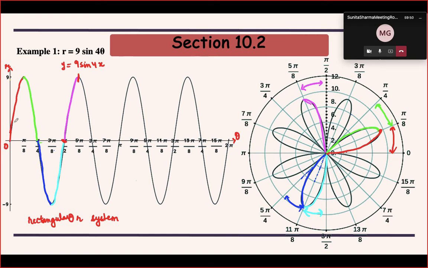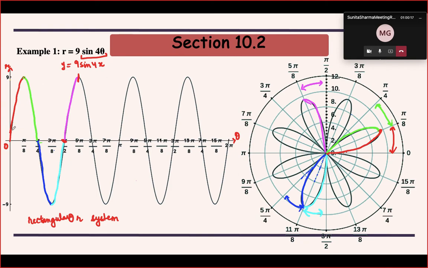At 0 it is 0, at pi by 8 it is going to be 1. This sine 4 theta will be 1, so 9 into sine 4 theta will give you 9, and so you know it is going to behave in this manner. Okay, so you can make the rectangular grid first, take the system, and then make the graph of an equation of this form, and then translate it to your polar grid.